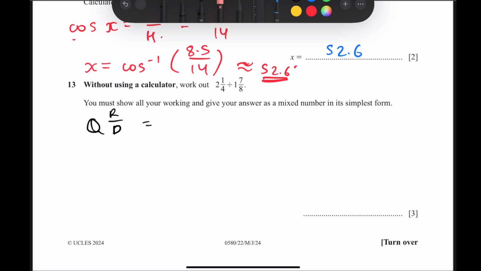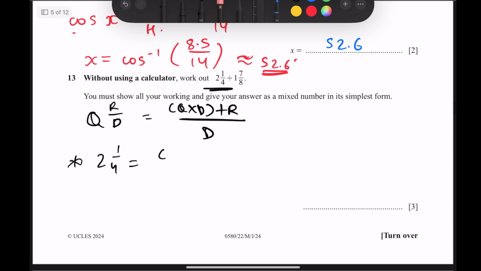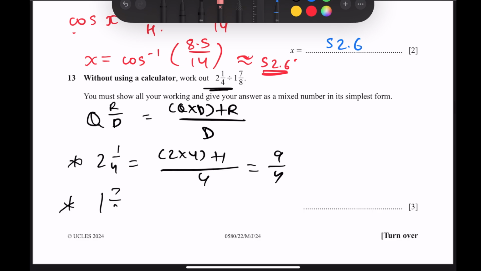To convert this to an improper fraction where there's only one numerator and one denominator, this would be Q times D plus R divided by D. Note that for any improper fraction, the numerator is bigger than the denominator. So for the first number, 2 1/4 would be equal to 2 times 4 plus 1 divided by 4, which is equal to 9 by 4. For the second number, 1 7/8 is equal to 1 times 8 plus 7 divided by 8, which is equal to 15 by 8.